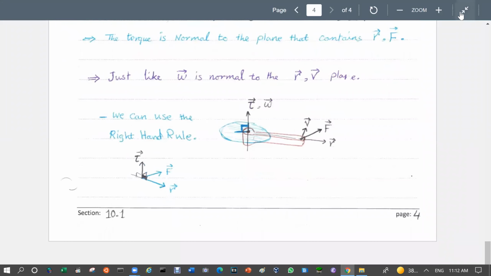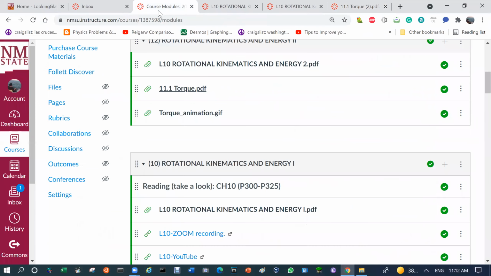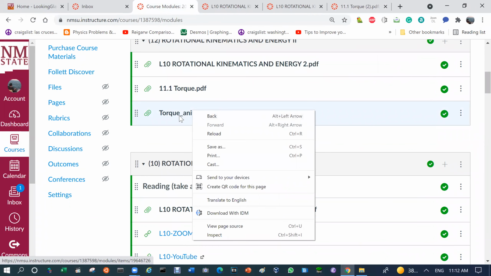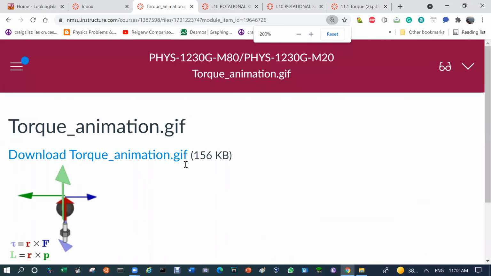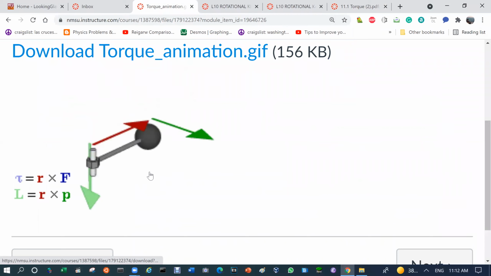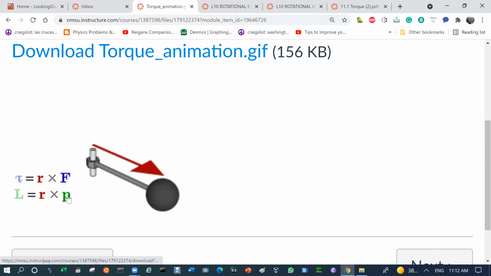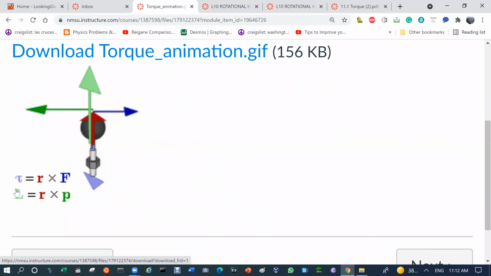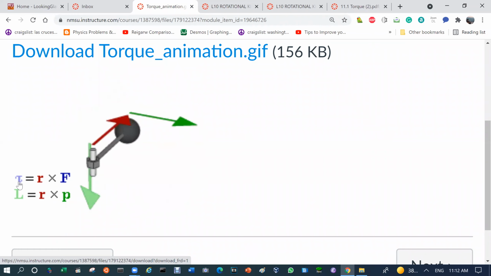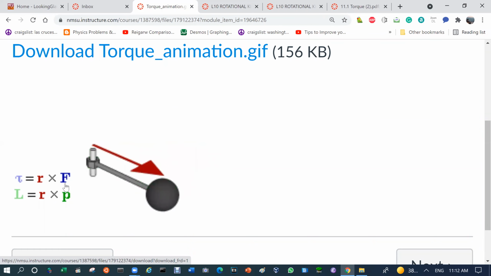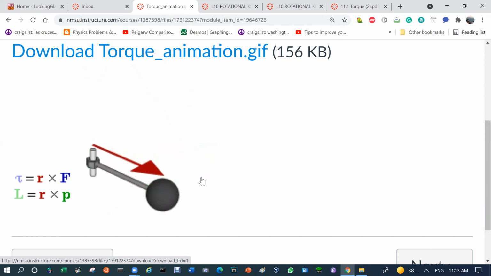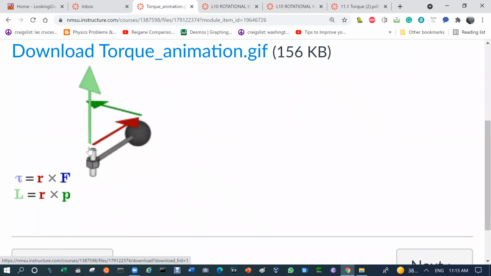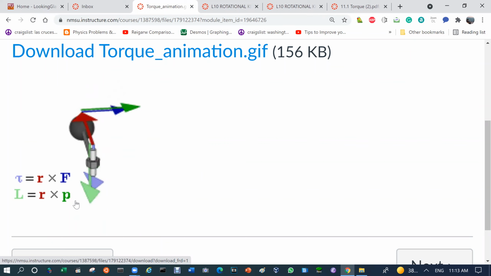So we have a direction of the torque. I can show you this image, the torque animation. We will not deal now with L, we are dealing with tau equal to R cross F. F is the blue arrow. It is horizontal, as you see. R is the radius, which is the red one.